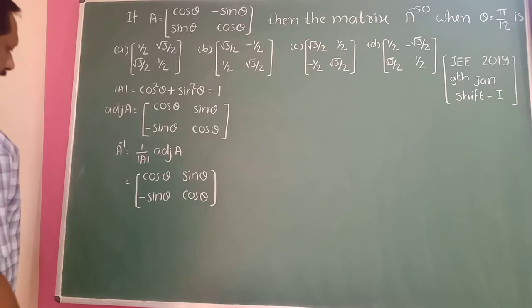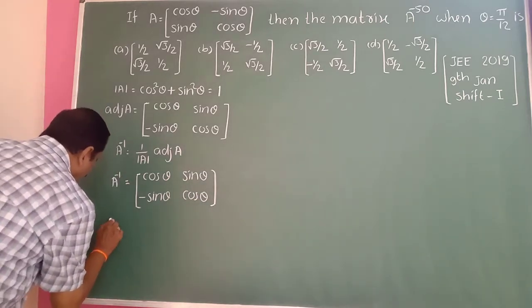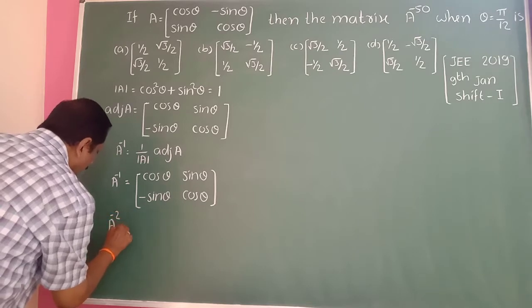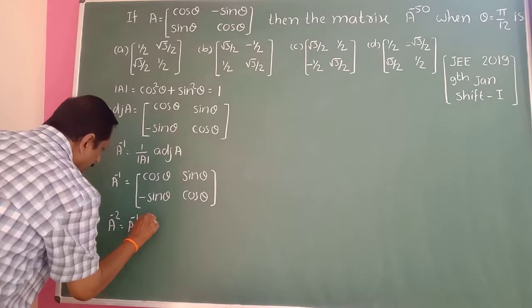Then you find A raised to minus 2. A raised to minus 2 means A raised to minus 1 into A raised to minus 1.